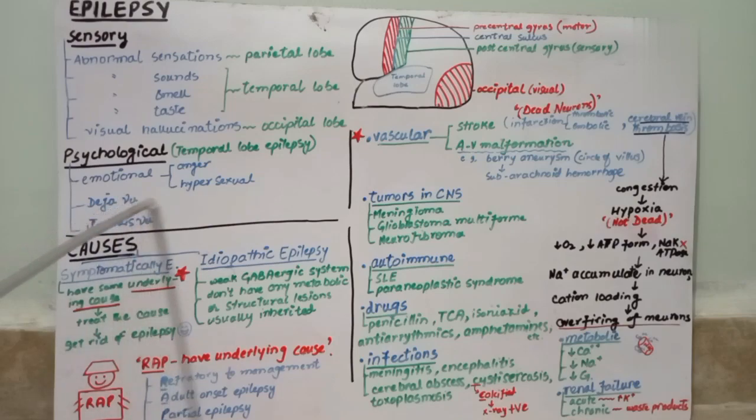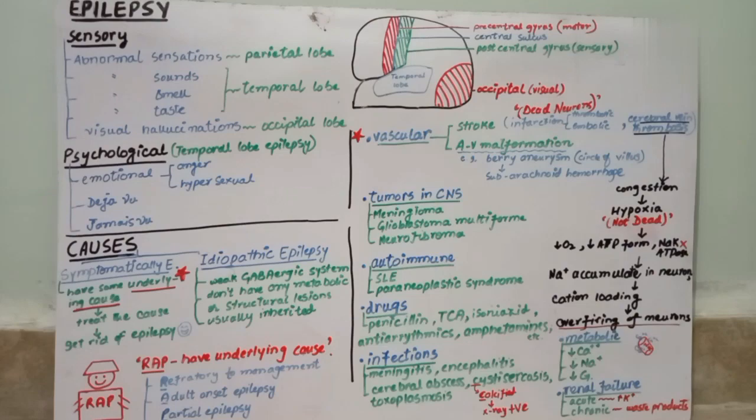So deja vu is undue familiarity, while jamais vu is the phenomenon we call when the patient cannot differentiate between fantasy and reality, like feelings of unreality. I hope you are clear about these two.